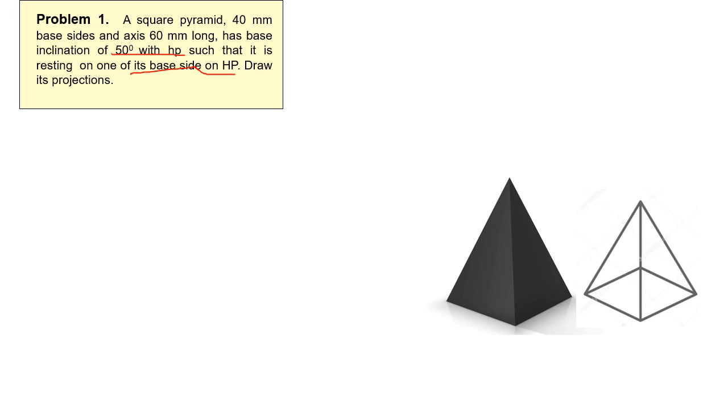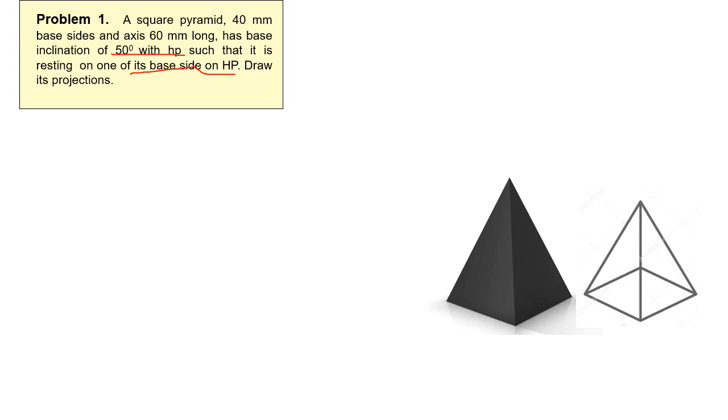For starting a problem, we will consider two assumptions. The first assumption is, even though it is given that the square pyramid is resting on one of its base sides, in the first step we will consider the square pyramid to rest on its whole base.